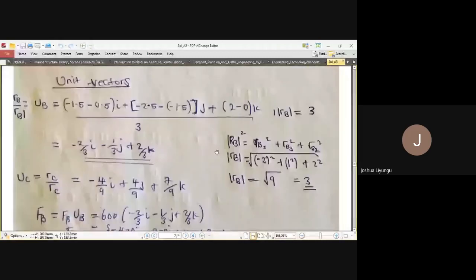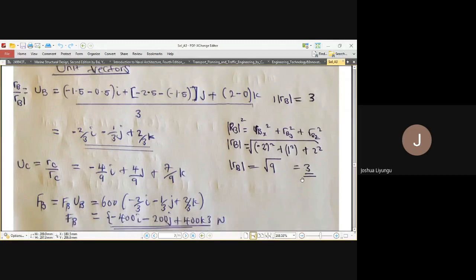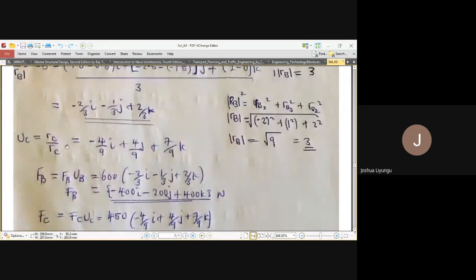How do you calculate the magnitude? The magnitude is a square root. In this case, it will be the square root of 2 squared plus 1 squared plus 2 squared. You are going to find your RB to be equal to 3. Once you do that, you get your unit vector, which is supposed to be over the magnitude, and the same for RC.